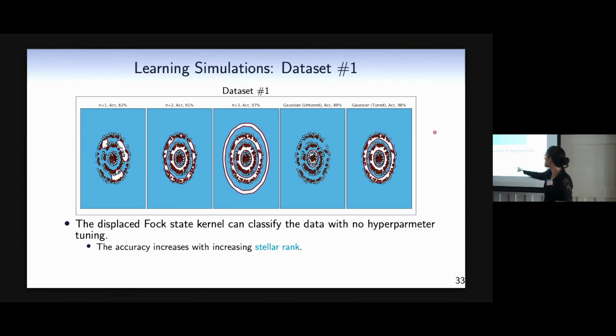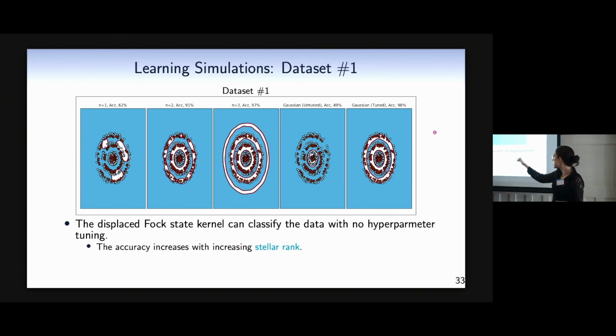So this figure here is showing the decision boundaries and the test data across a kernel of n equals 1, n equals 2, n equals 3. This is an untuned Gaussian, and then a Gaussian that's been tuned through Bayesian optimization.